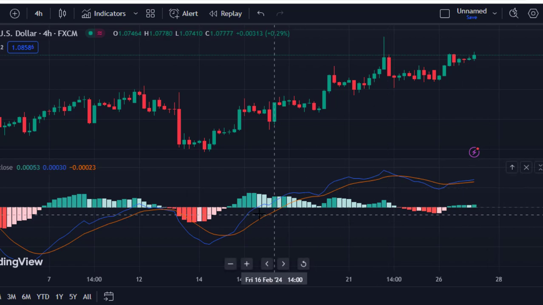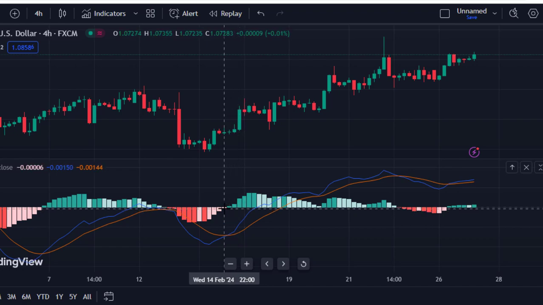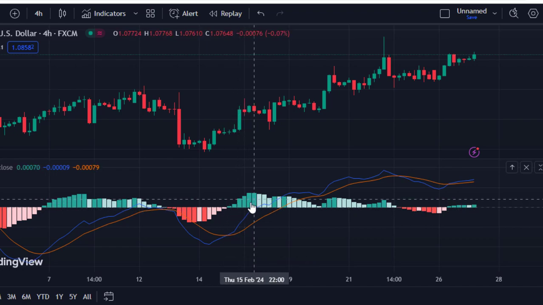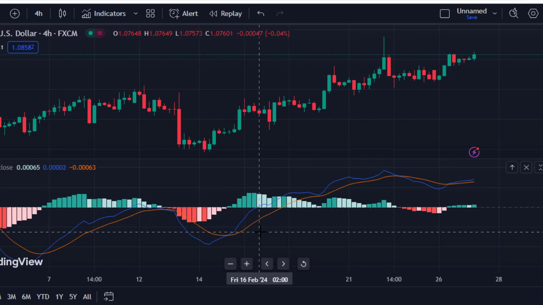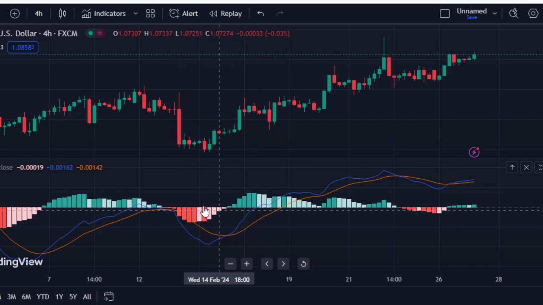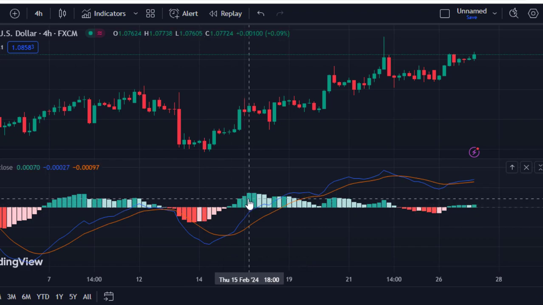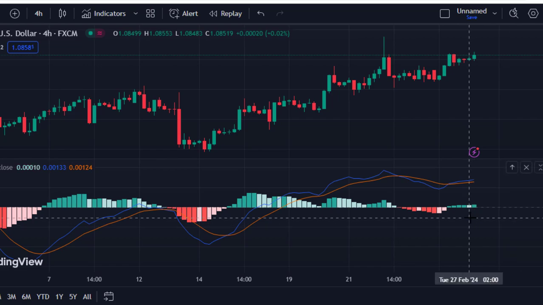If you look at it very well, you see there is a division between the upper part and the lower part, and a division between the red bars and the green bars at this very point. So you must understand that the MACD has two divisions: the positive side of the MACD, that is from 0 upward, and the negative side of the MACD, that is from 0 downward. So this is very, very important.